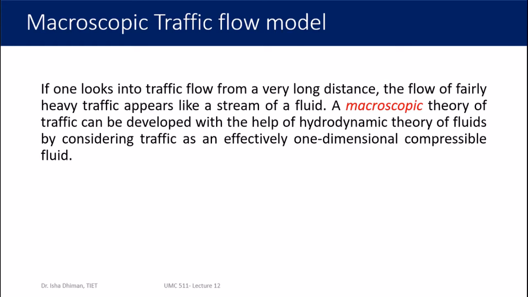So the basic assumption of the macroscopic theory is that the traffic looks like a stream of a fluid. Whenever you look at water flowing, you're not able to see the individual molecules. Although we know that the motion of the flowing water is carried out collectively by a large number of molecules, you're not interested in tracking individual molecules.